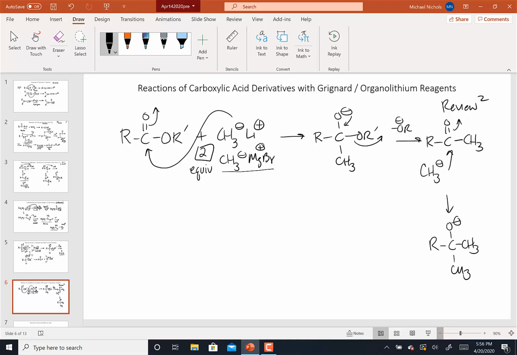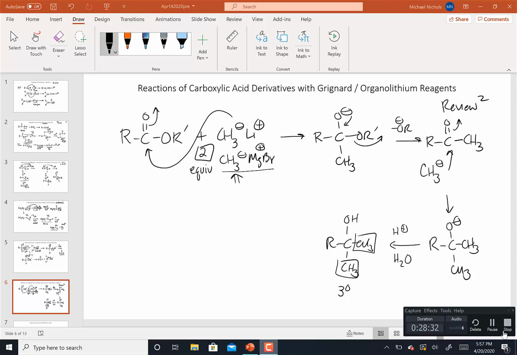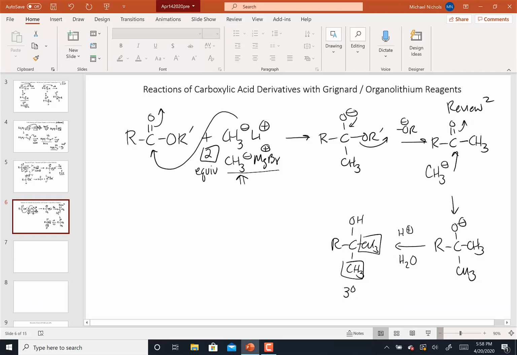The pair of electrons cannot move back down because there's nothing to leave. So this just hangs out and waits to be protonated by H plus, H2O. And now I end up forming my tertiary alcohol. And remember, I form a tertiary alcohol where two of the groups came from the original Grignard. Okay, so that's the reaction of the ester with the Grignard reagent, an ester with two equivalents of Grignard.